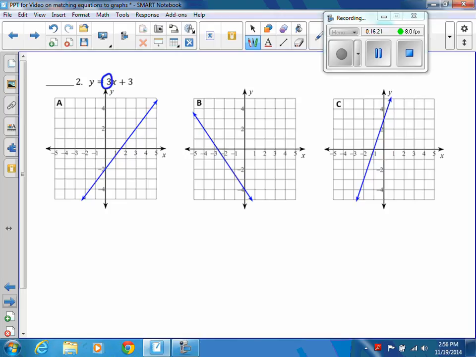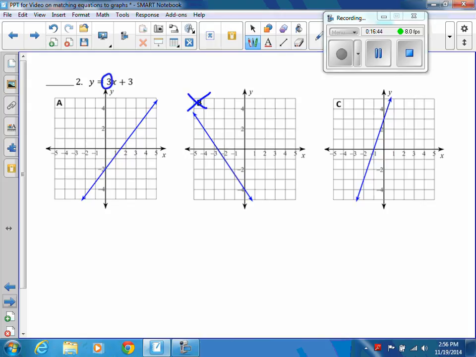So 3 is my slope. It's a positive slope, which means it has to either be which ones? If you said it's A and C, you are correct. B is a negative slope, so that does not work.